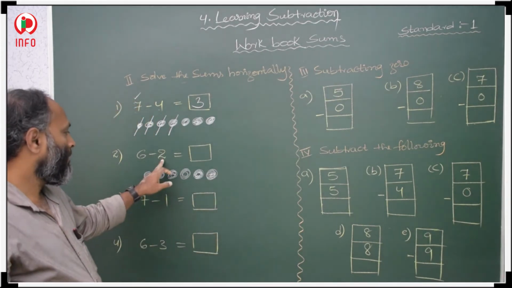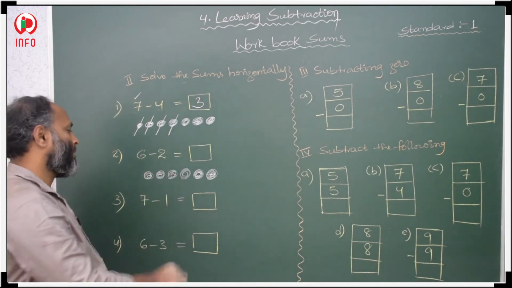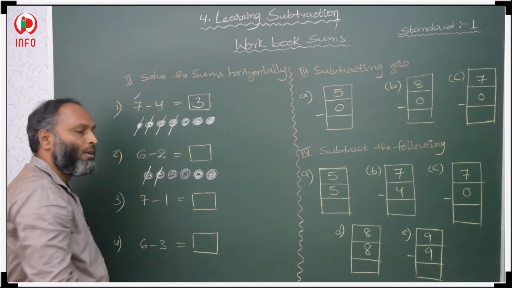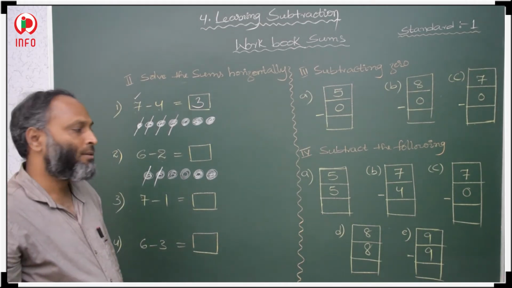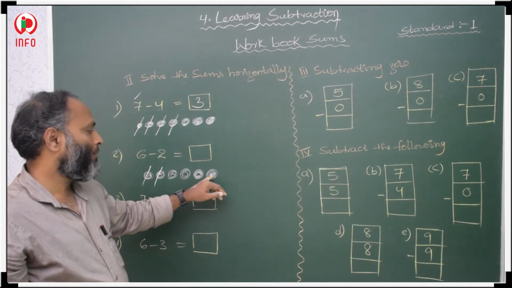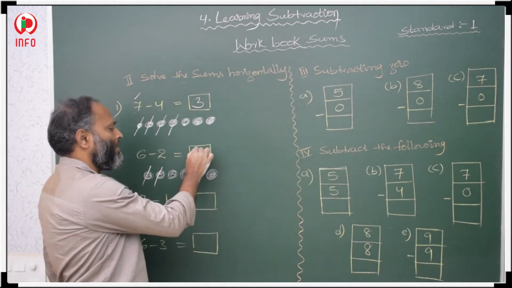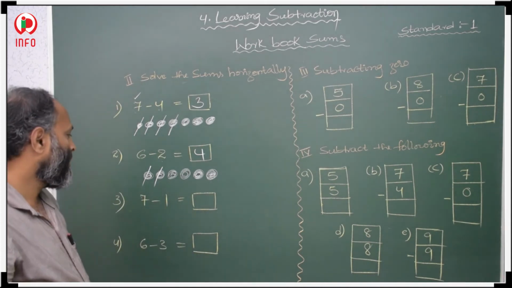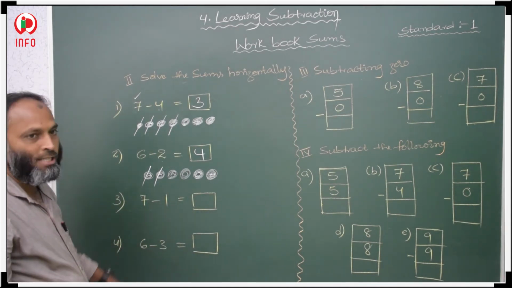Then minus 2. We have to subtract 2 dots. 1, 2. Then how many dots are left? 1, 2, 3, 4. 4 dots left.